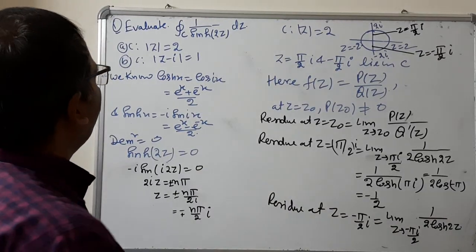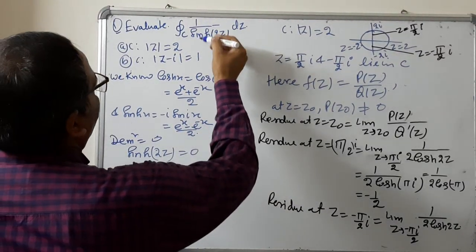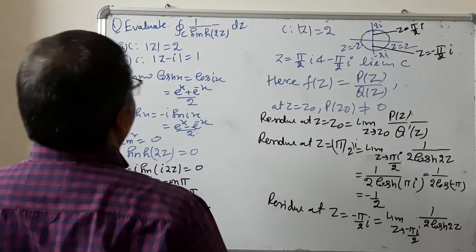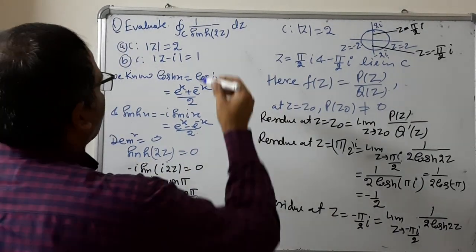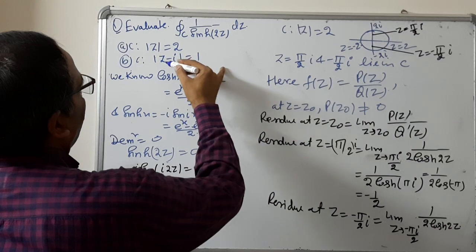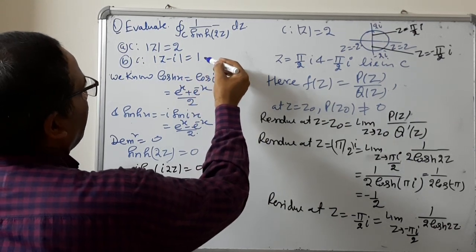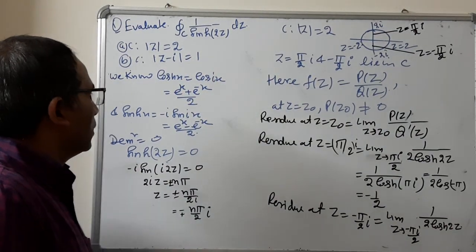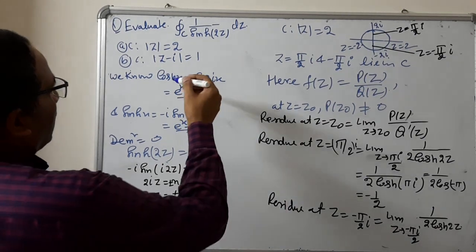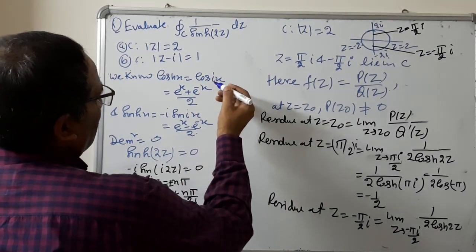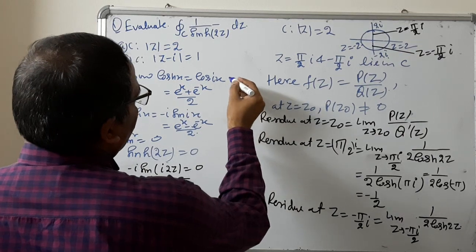Now we take another example, evaluate the integration of 1 upon sin hyperbolic 2z dz. Two questions are there, modulus of z equal to 2 and modulus of z minus i equal to 1. First, we know that cos hyperbolic x can be written as cos ix.